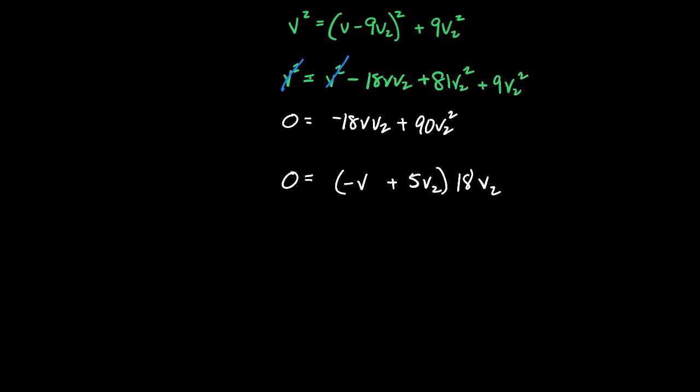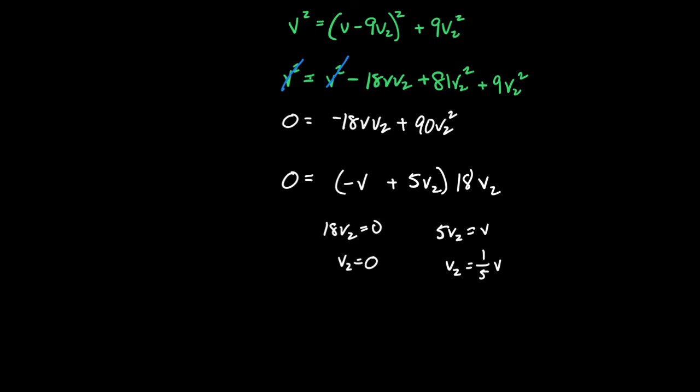You get two answers for V2. I get 18 V2 equals 0, so V2 equals 0. And I get 5 V2 equals V, so V2 equals 1/5 V. Which one of those is right? Both of them.